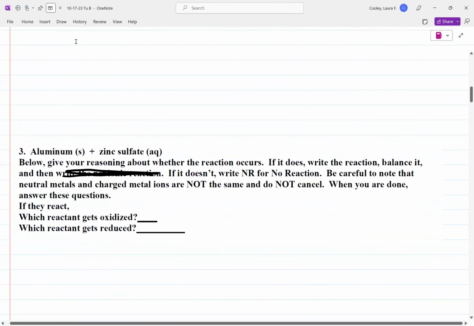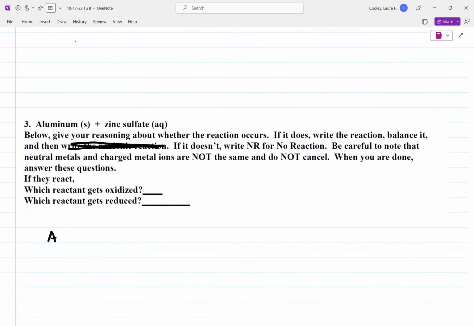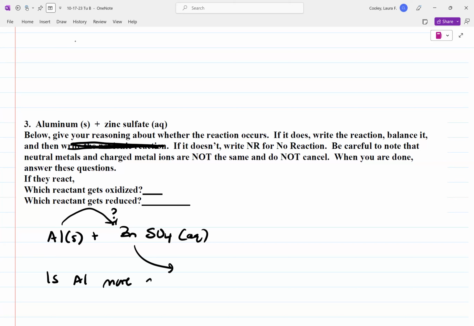Down here, first you have to ask yourself the question, is aluminum more active than zinc? Because if the answer is yes, then this reaction will occur. And the answer is yes.